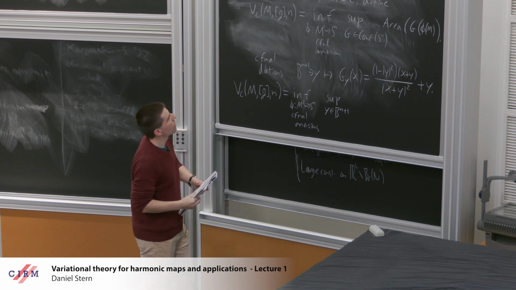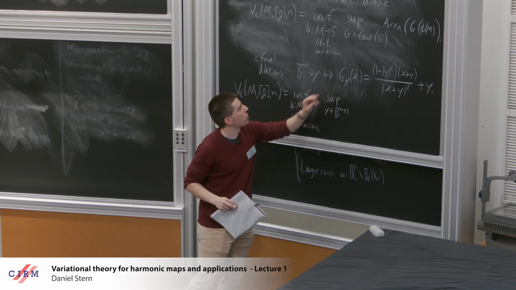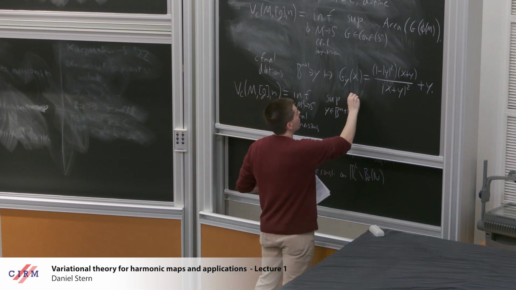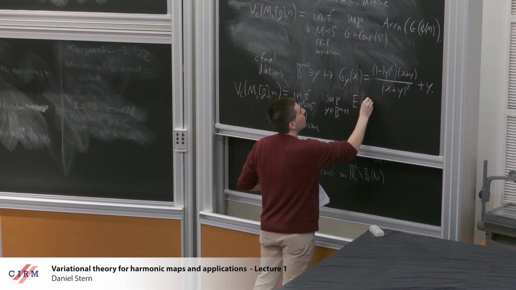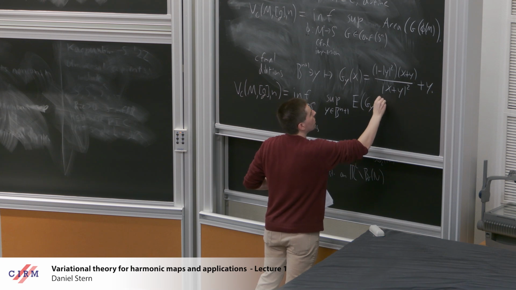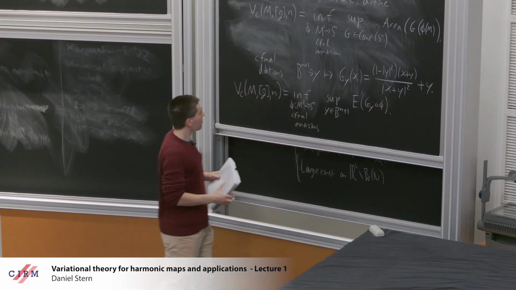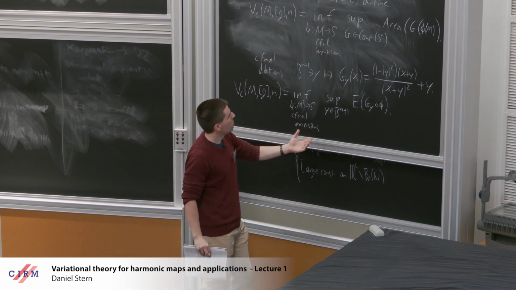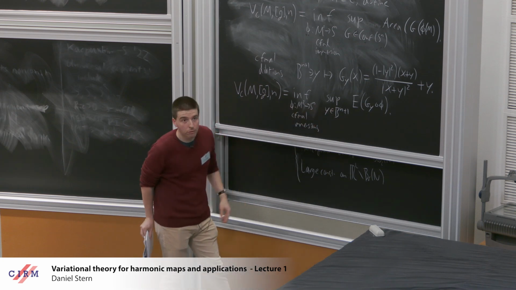And then we can observe, right, everything here is conformal. These maps are conformal, this map's conformal. So that area is going to be the same as the energy of g composed with phi. Okay? So it's a min-max quantity for the energy functional, but over the very restrictive family of conformal maps.